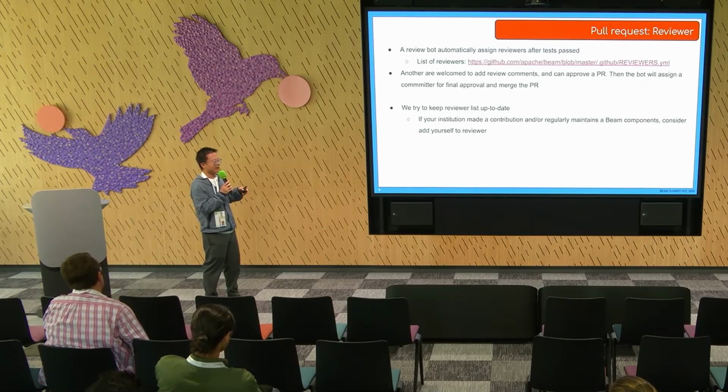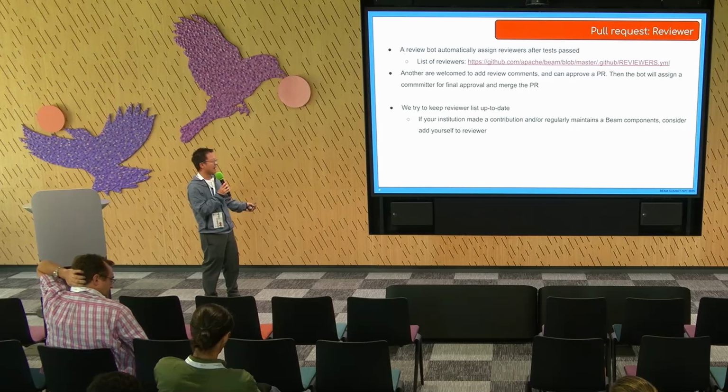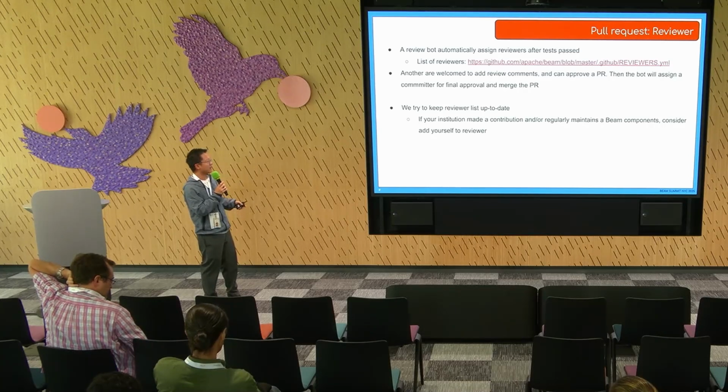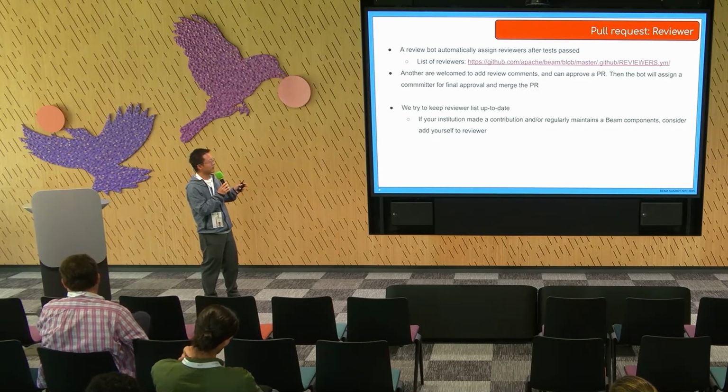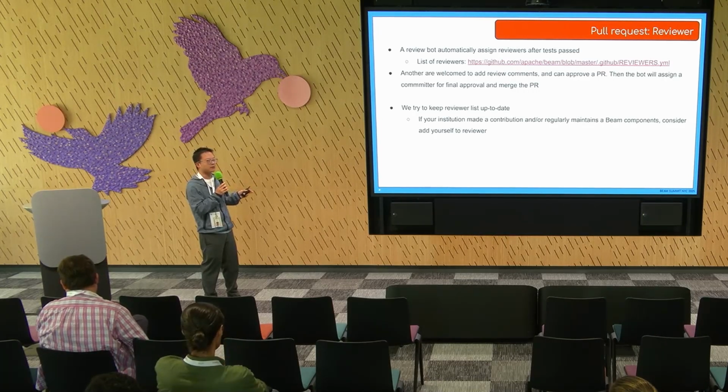After they have reviewed, there is a committer final approval, and we just merge it because Apache requires that only committers can merge the pull request. But anyone is welcome to review and comment. This is also part of the contribution and a very important part.